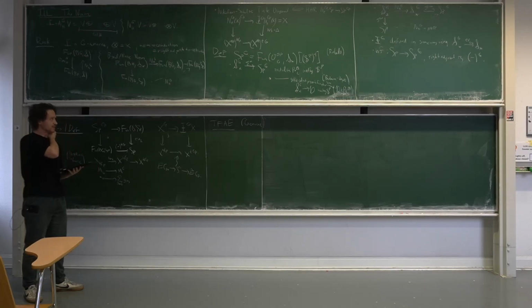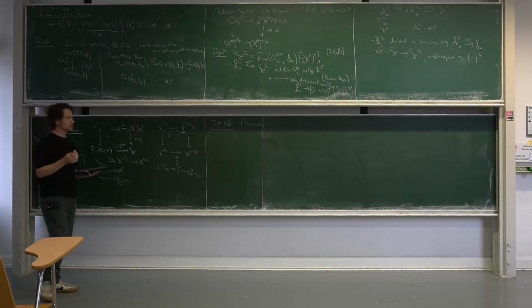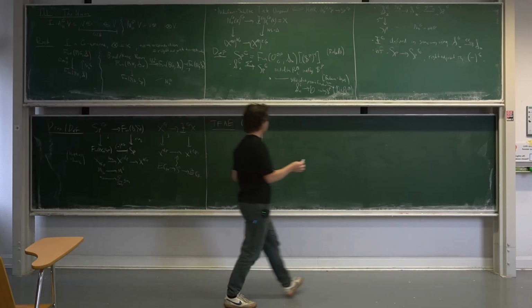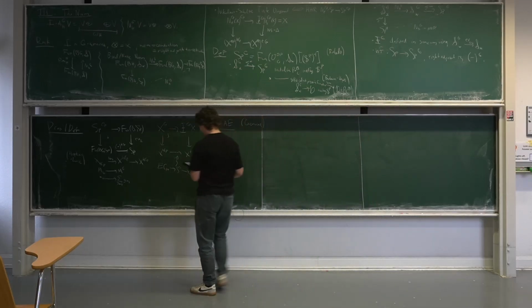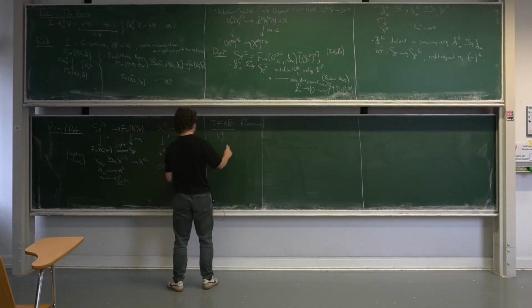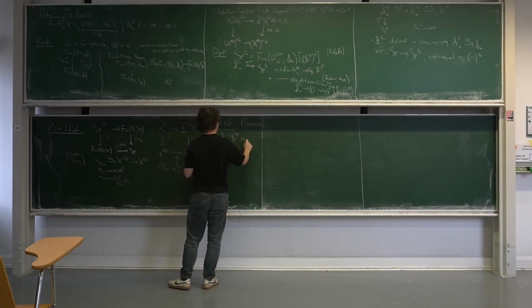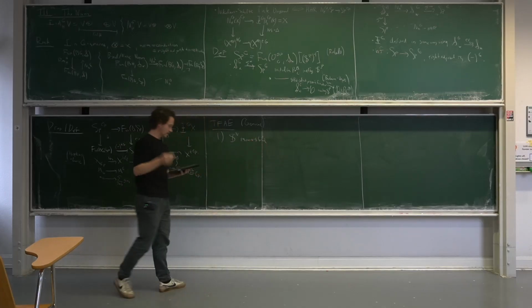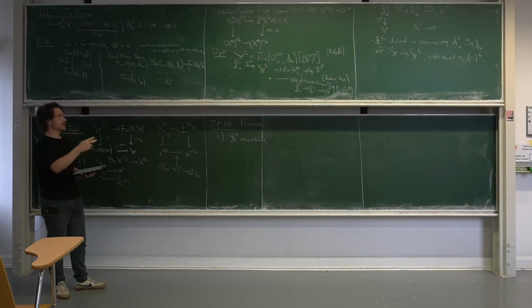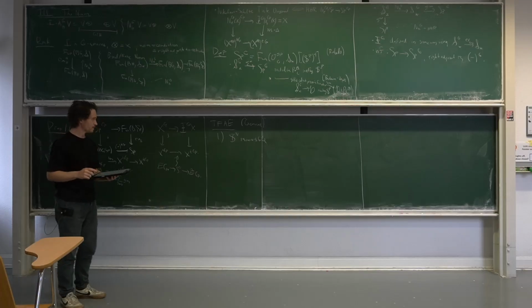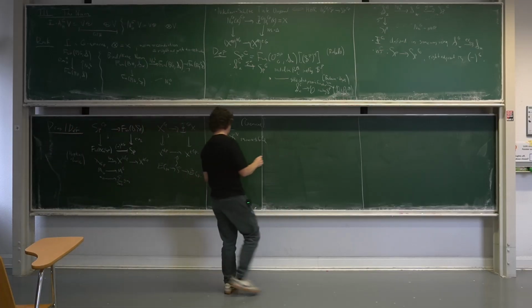I just want to explain roughly how you go between the different ideas of genuine. So don't expect this to be so precise.